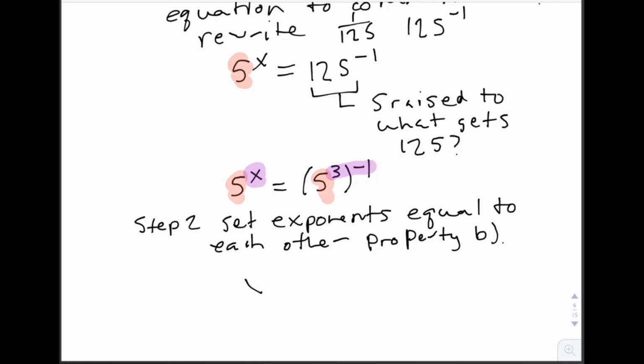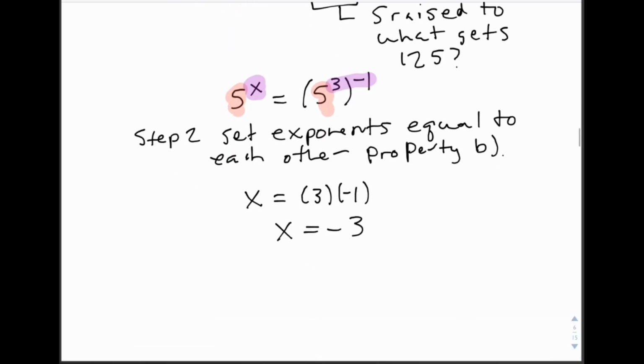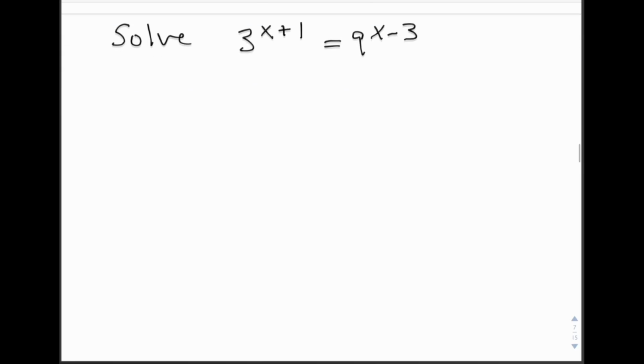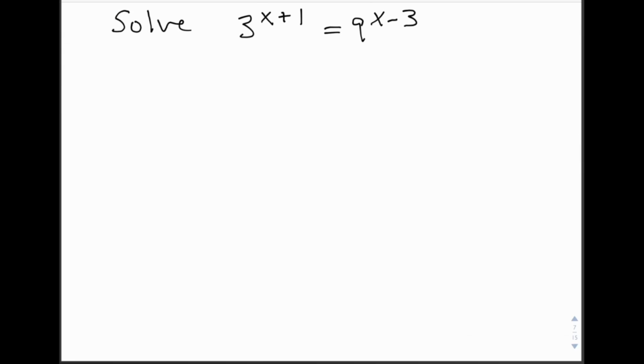So that will get me an x is equal to a 3 times a negative 1, or in our case, an x is equal to a negative 3. So that should complete this problem. The biggest thing is that you want to try to get your bases to be the same. Try to get your larger number down to your smaller base if possible. So let's look at another example here, a little bit more complex.